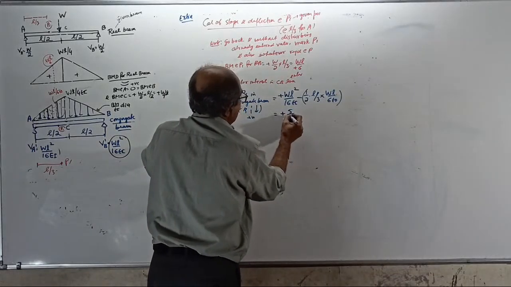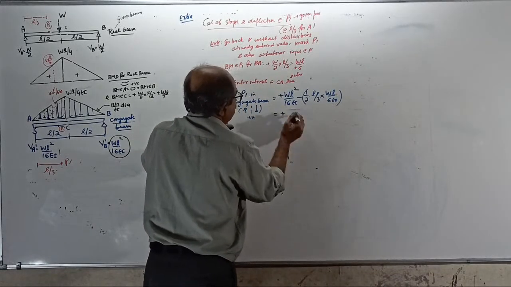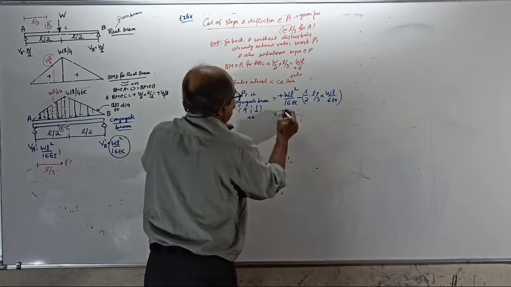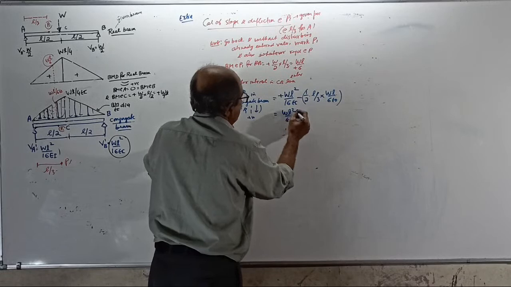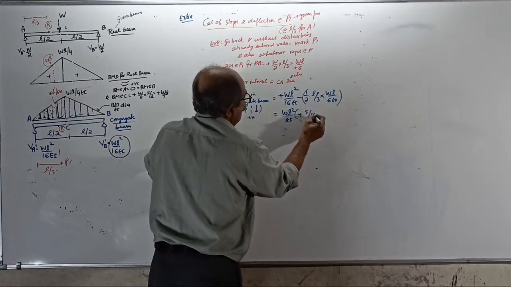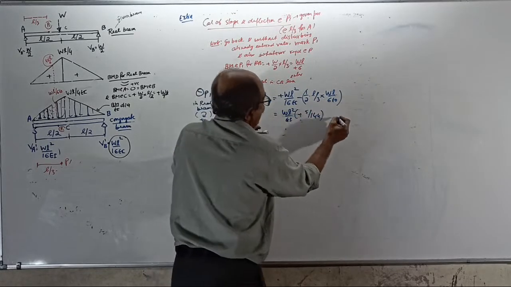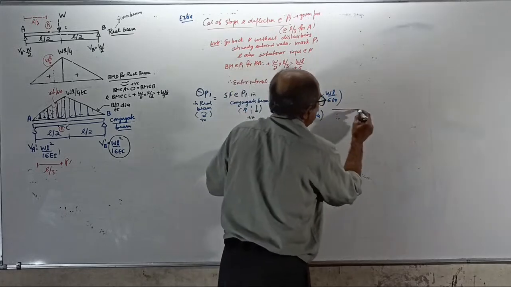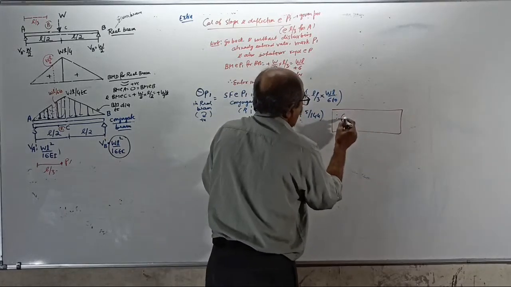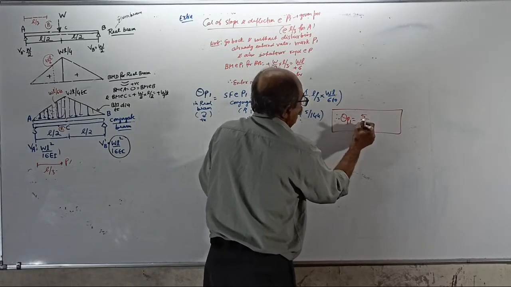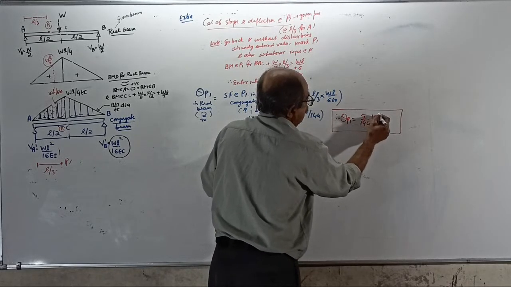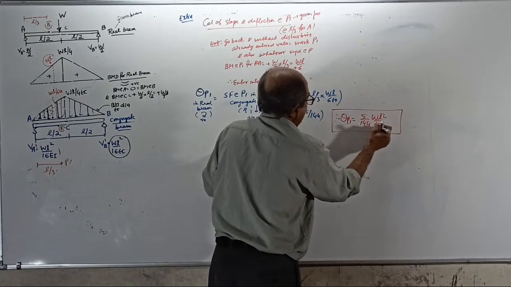It is plus, so I write WL square by EI into plus 5 by 144. Therefore, slope at the point P1 equal to 5 by 144 WL square by EI.